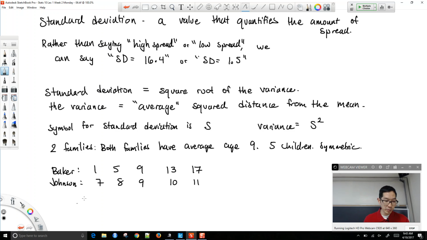But when it comes to the spread, these are your answer choices. You can choose A on your clicker if you think the standard deviation of the Baker family is greater than the standard deviation of the Johnson family, or B if the standard deviation of the Baker family is less than the standard deviation of the Johnson family, or C if you think they are equal.